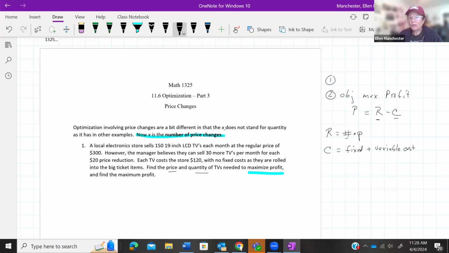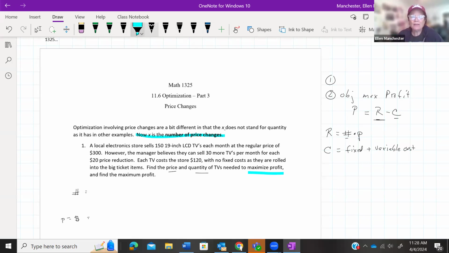So the first thing we're going to do is set up our revenue. This is what is a little bit different. We're going to find the number of TVs, and then we're going to find the price of the TV. Here's what I always say: keep number with number, like the number of items with the number of items, and then keep the price with the price.